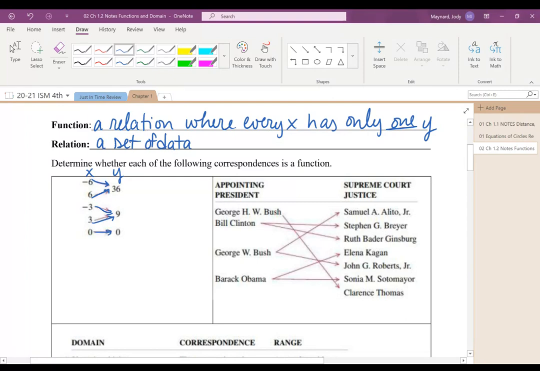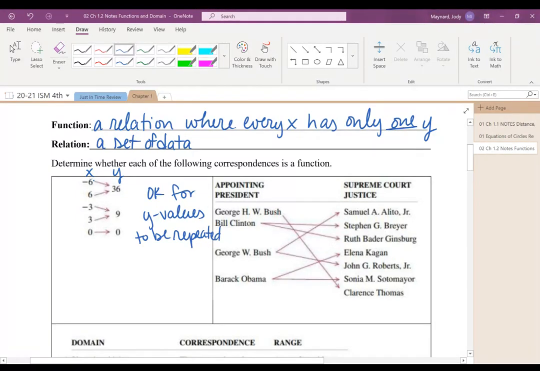What makes it a function is that every x only has one y. For example, if this 0 also had an arrow to the 9 here, this would make it not a function because this x value has two different y values. It's okay for the y values to be repeated.